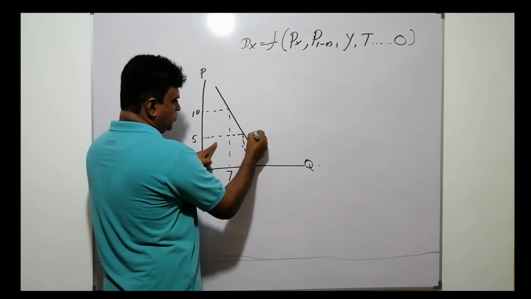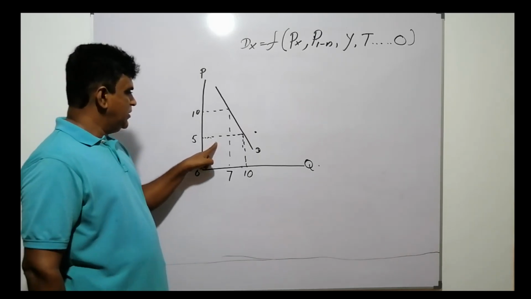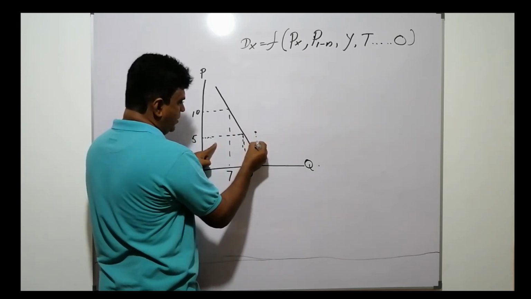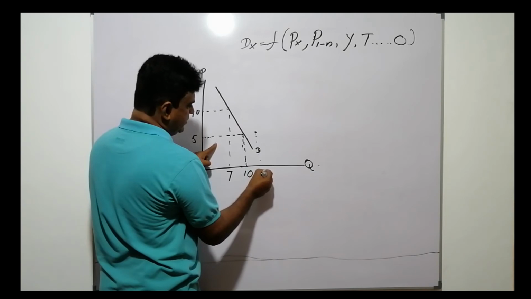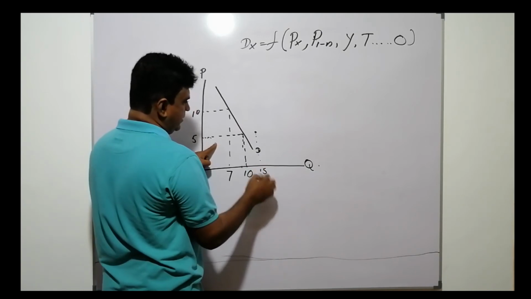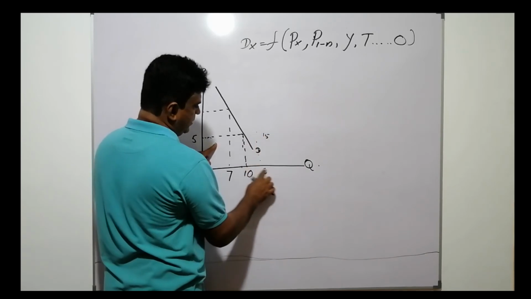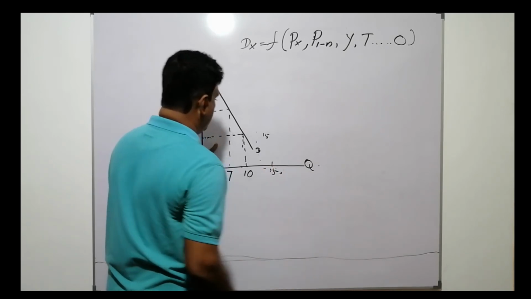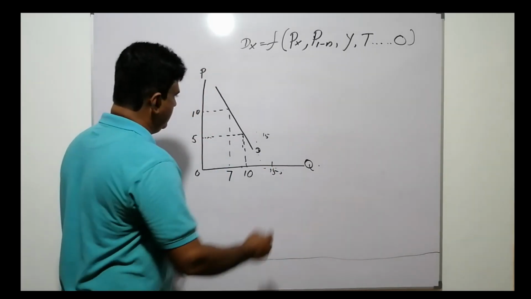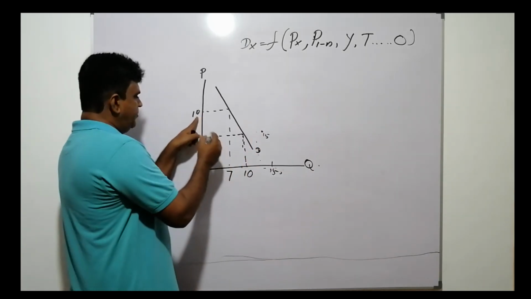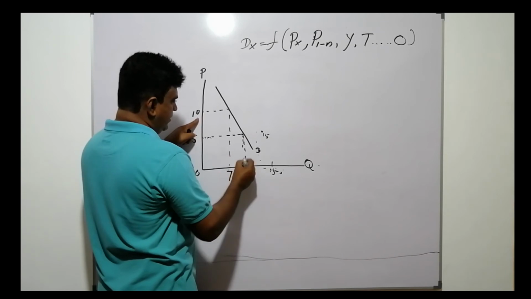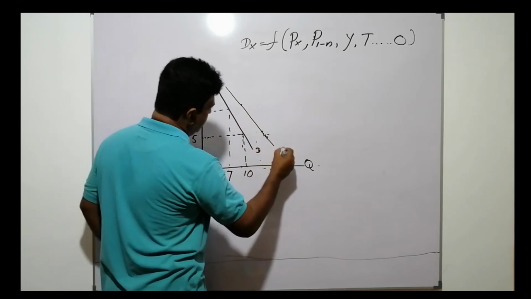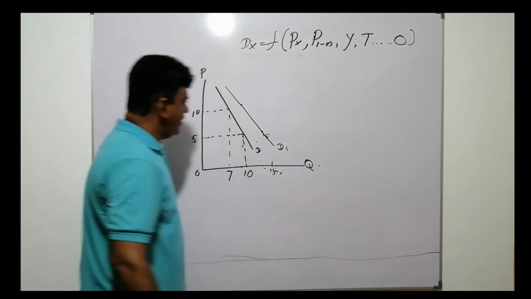If his income increased, now the consumer is demanding 15. Right? So that comes here. Under 10, normally 7, now he will demand 10. Another demand curve we have to draw. We'll say this is D1.